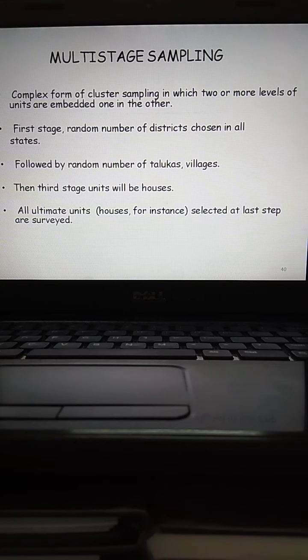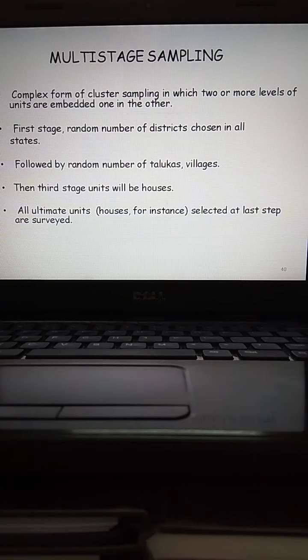Again, in each state, sub-segments can be formed like cities, taluks, villages. Again, the smallest unit is the house. In terms of layers, the entire population units are subdivided, and finally, from the wanted layer, the information will be extracted. Such a sampling method is known as a multi-stage sampling method.